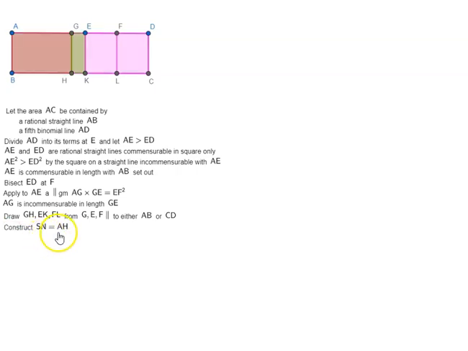Construct SN equal to AH. So basically, we are constructing a square SN whose area is equal to AH. So this area is equal to this area. We construct NQ equal to GK, and we construct it in such a way that this line continues, and on that we construct this square NQ.